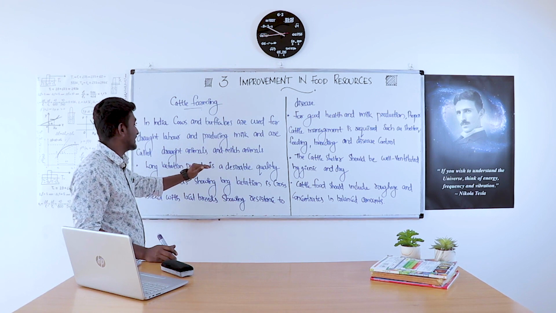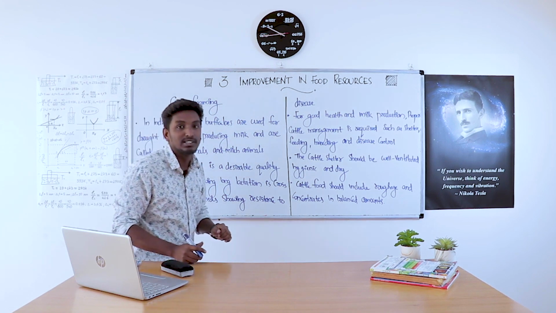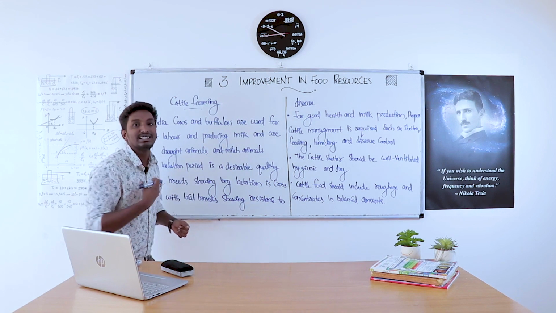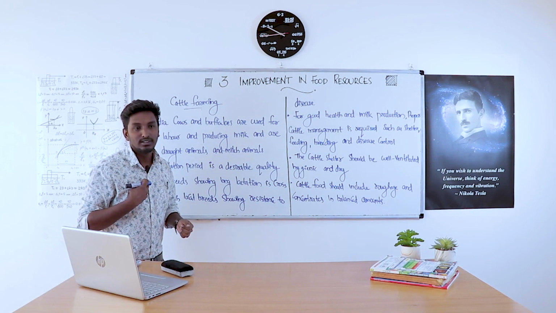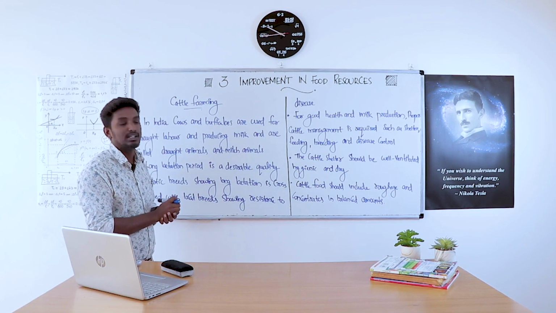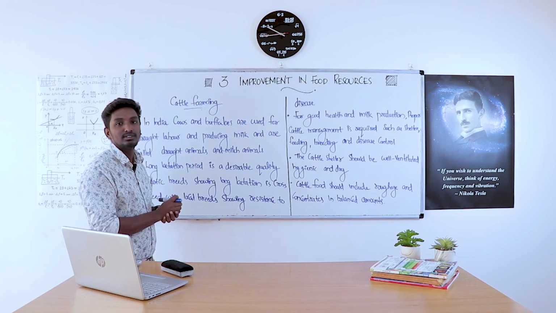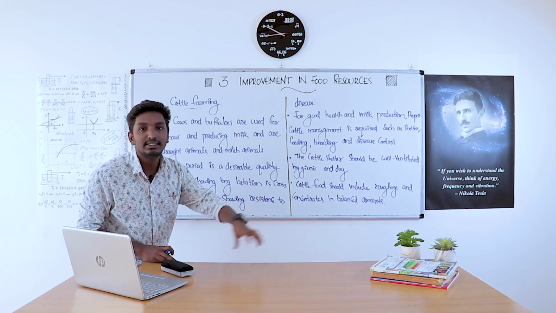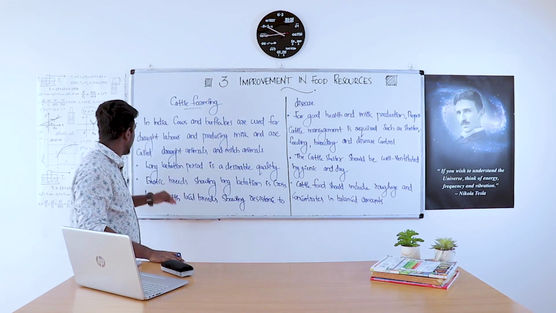Long lactation period is a desirable quality. So for cattle farming, when we are selecting our breed, a long lactation period is desirable. If it gives milk for a long period of time, then it is a good quality.